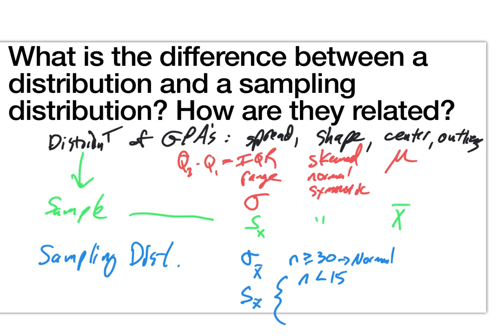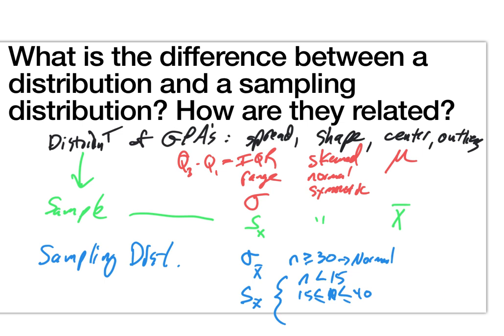If I had one that was between 15 and 40, that's n, not x. If n is between 15 and 40, then I can assume the sampling distribution is normal or close enough to normal as long as there are no outliers.